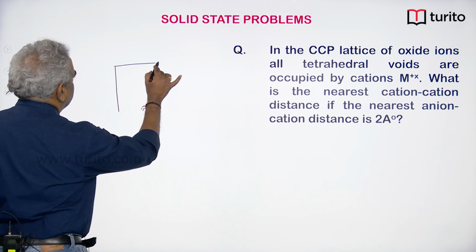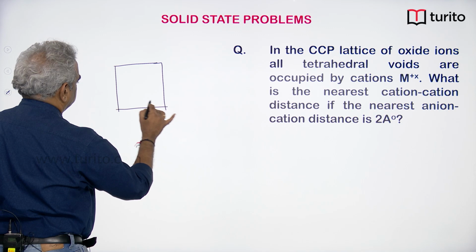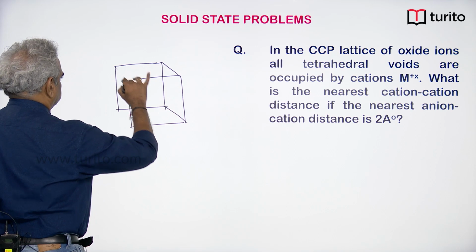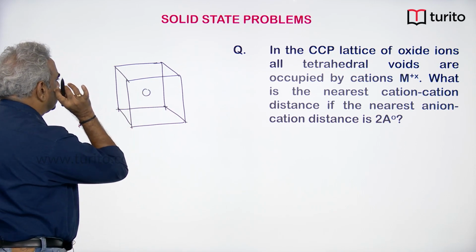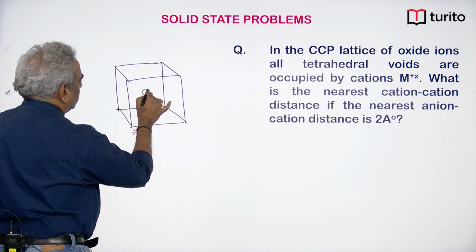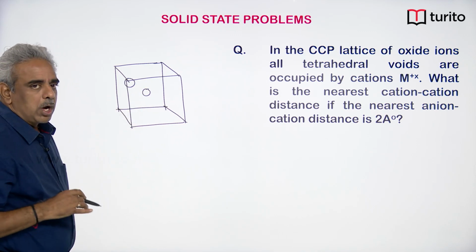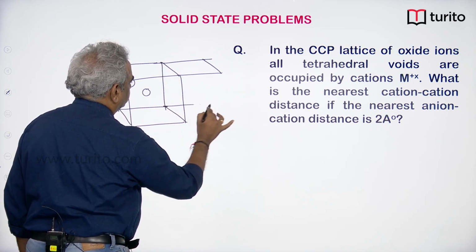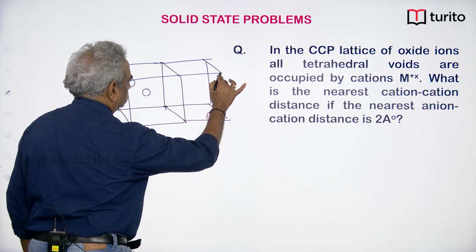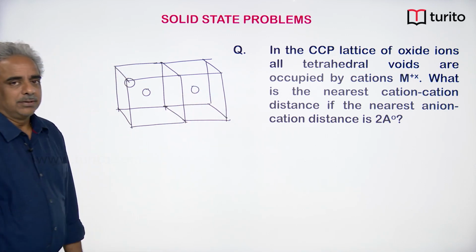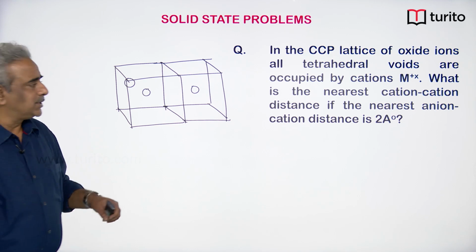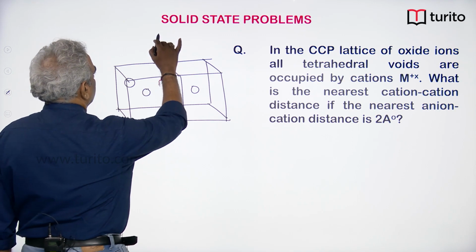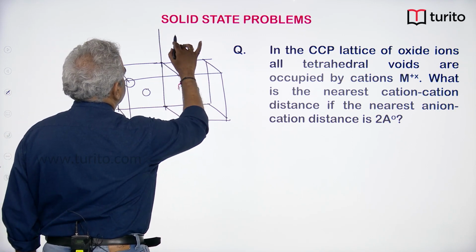If you take one unit cell like this, what is the third nearest? This is first nearest corner atom, the next body center atom is the second nearest. The third nearest is not the corner atoms, it will be the body center atom across the edge.